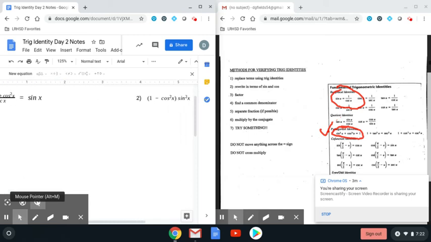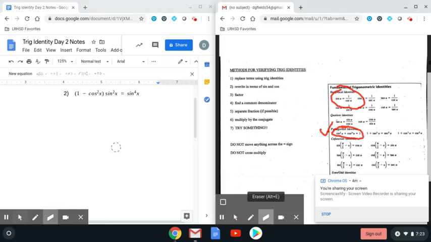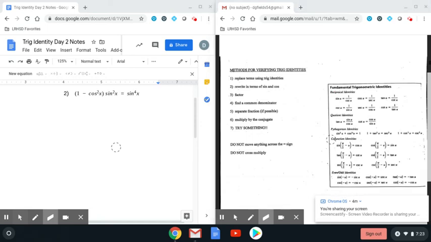All right, so if we go to our next problem, problem number 2, you guys see that you have 1 minus cosine squared x times sine squared x has to equal sine to the 4th x. All right, so what we can do with these Pythagorean identities is rearrange them.